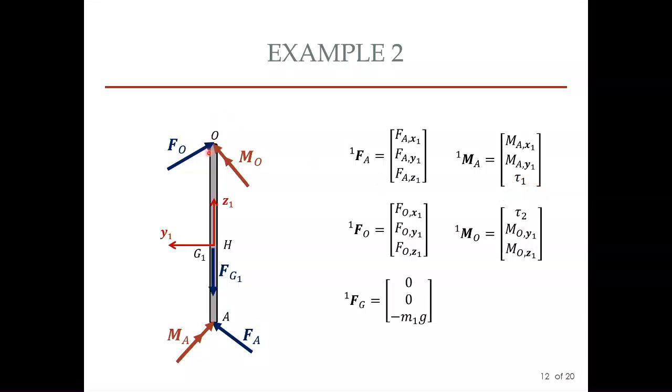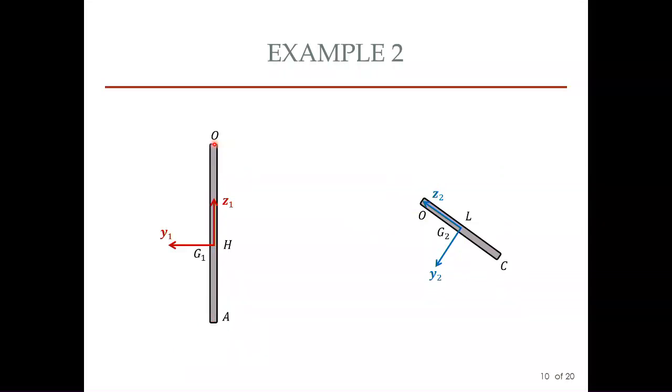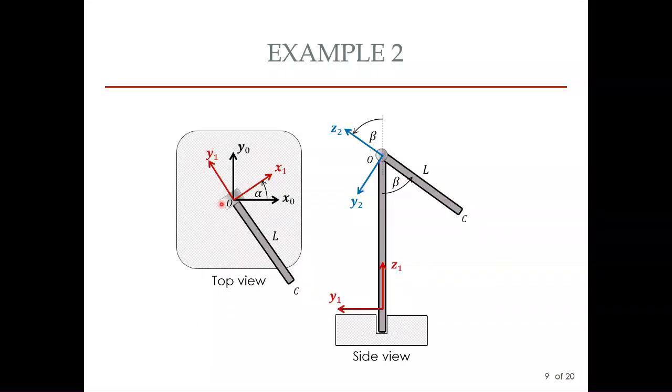Here at point O, there is allowed motion about x1. I will show you. Look at joint O. This wing can move about x1 or negative x1, it doesn't matter.